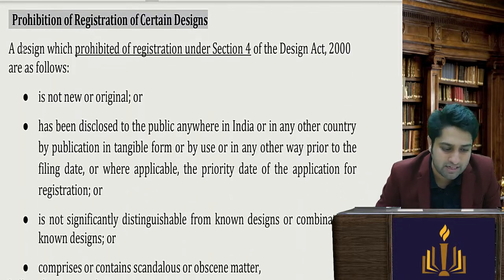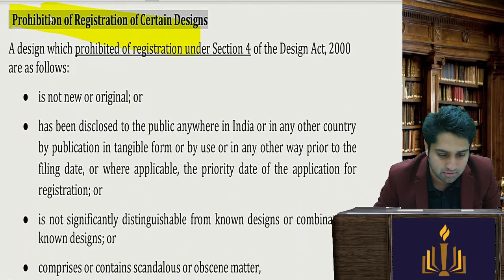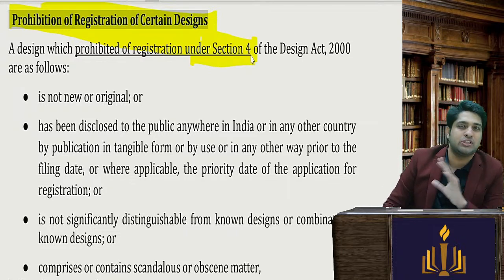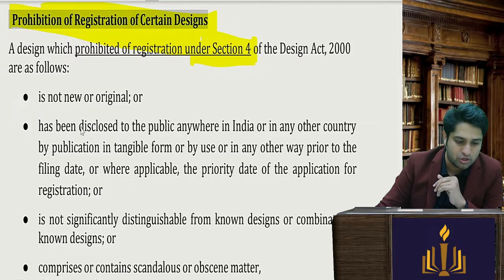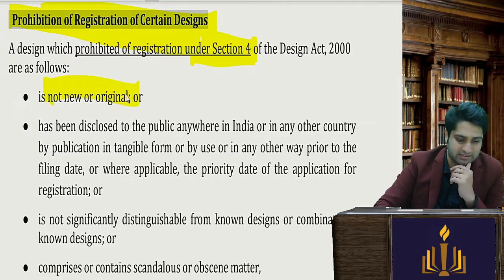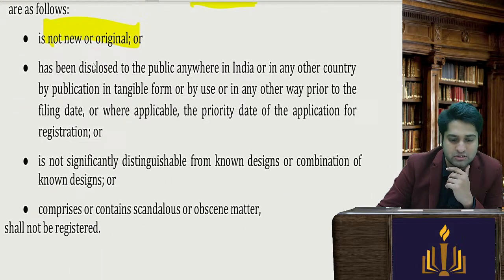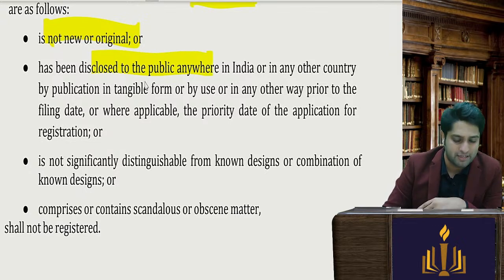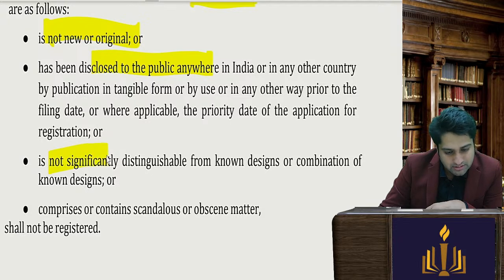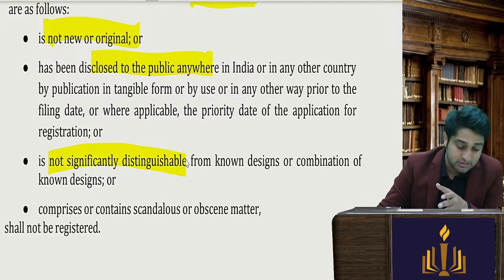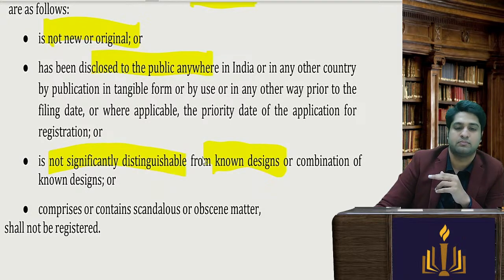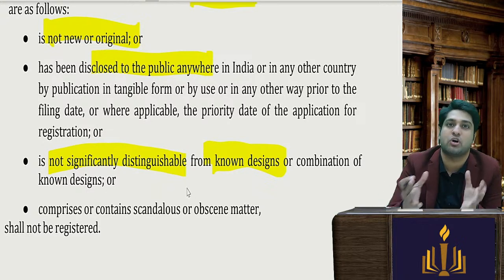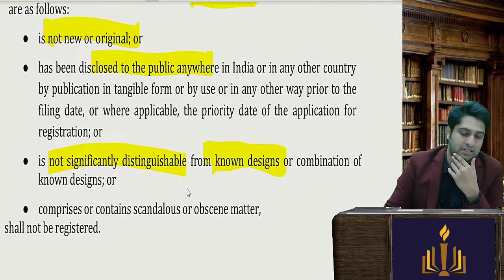Now prohibition, very very simple. Section number 4. When will we prohibit? Extremely simple, logical, it's a creative exercise. So if it is not new and original, it will be rejected. If it is already disclosed or published anywhere, it will not be registered because it's already known, you have copied. And third, it is not significantly distinguishable from a known design. If I say that it's very similar, there is nothing new from what is already in the market, so it will not be registered.